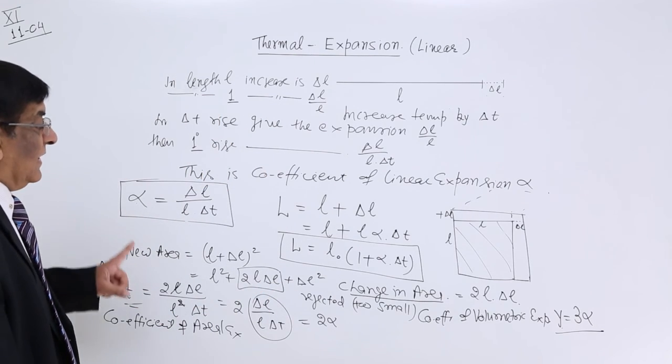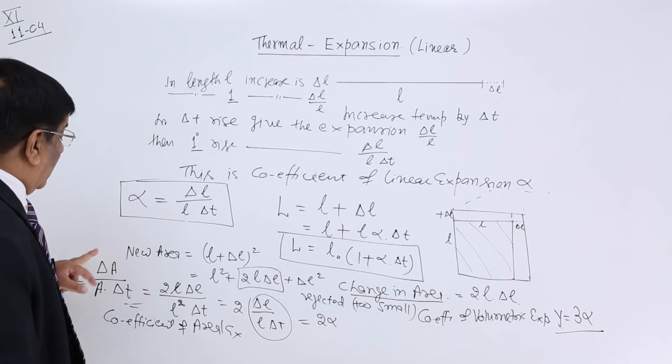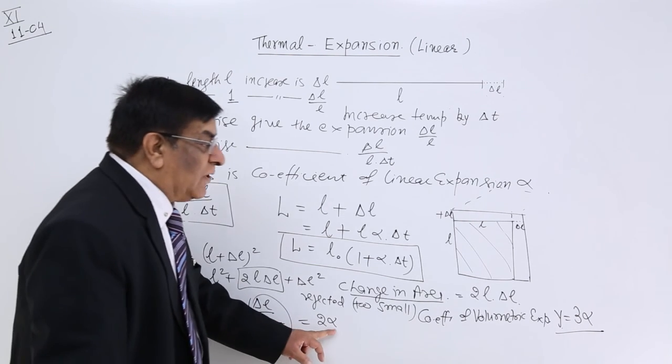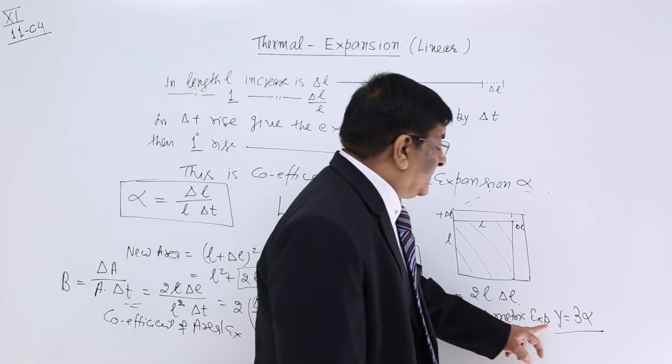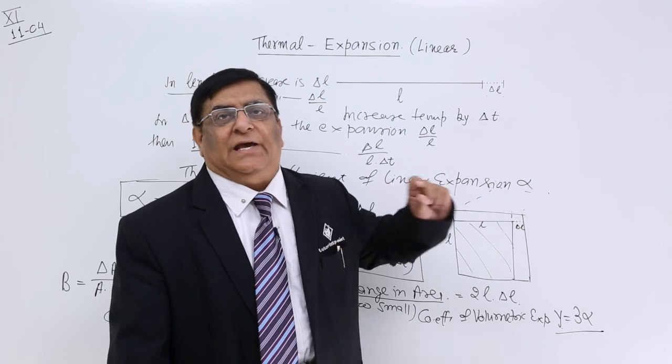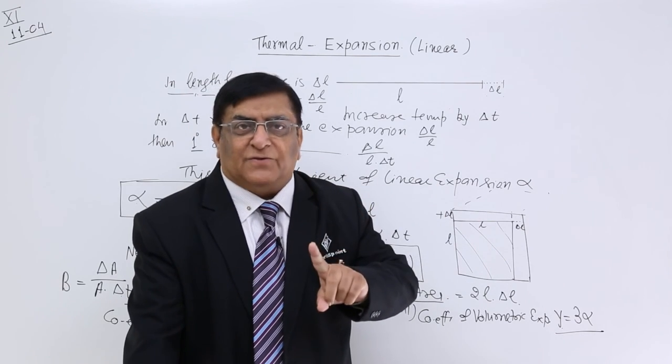So linear expansion alpha, superficial or areal expansion beta is equal to 2 alpha, volumetric expansion gamma is equal to 3 alpha. These are the expansions and the basic principle.